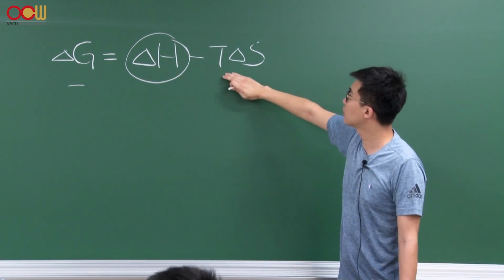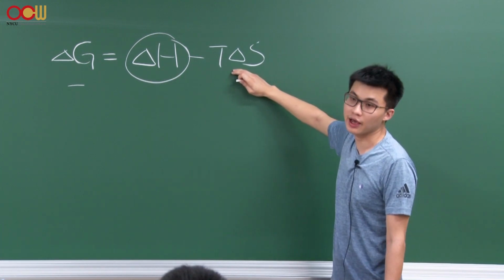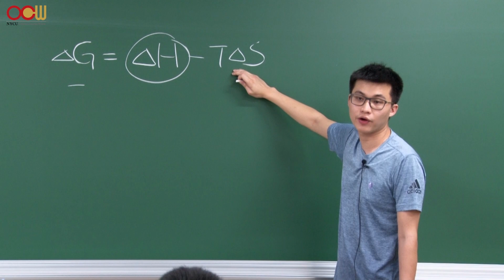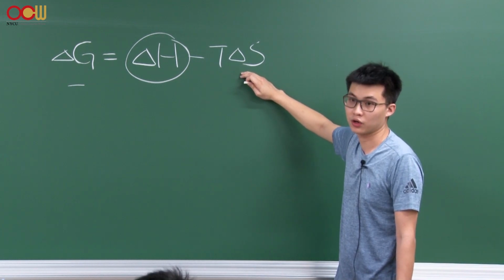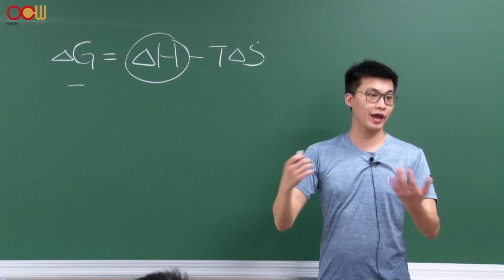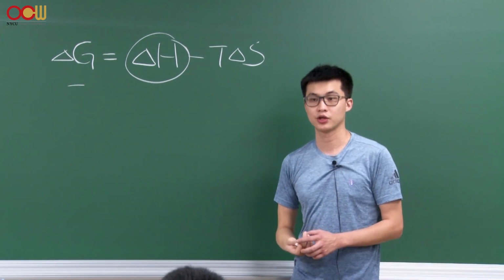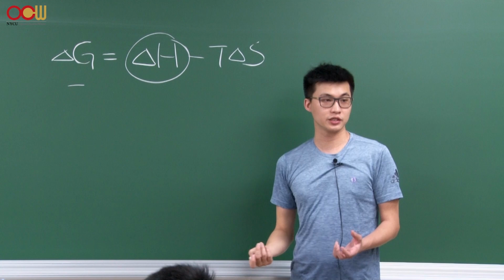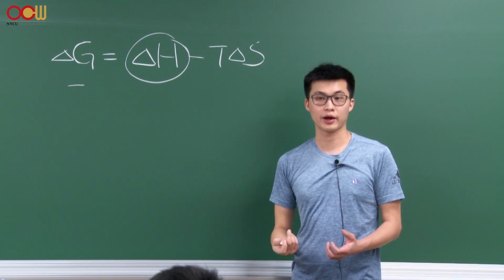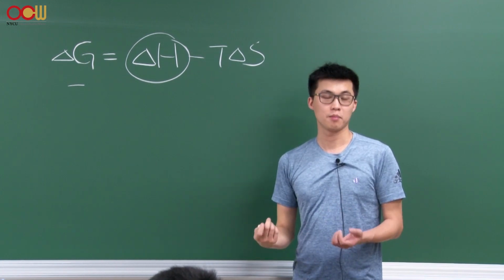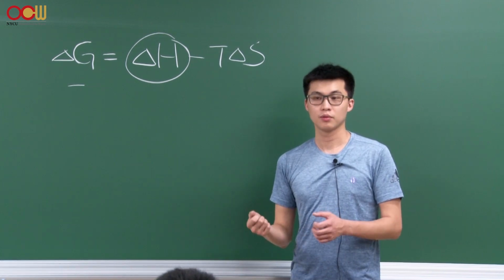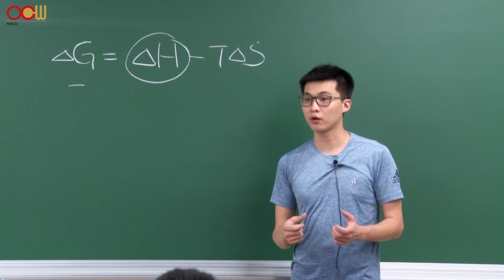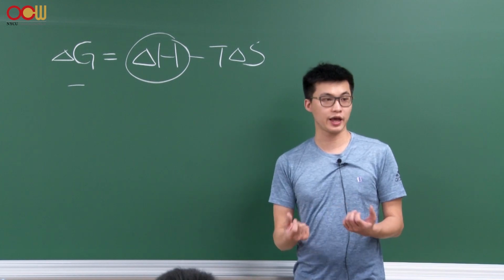And then we talk about delta S. Delta S is the term for entropy. That means randomness and disorder. When you are producing a lot of gas from your chemical reaction, you are increasing the entropy, right? So you will get a positive number. But if you are freezing the water molecule, turning it from liquid to solid, you are decreasing entropy.